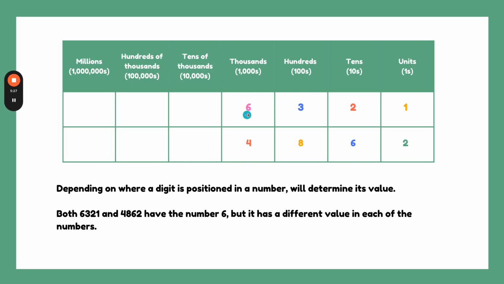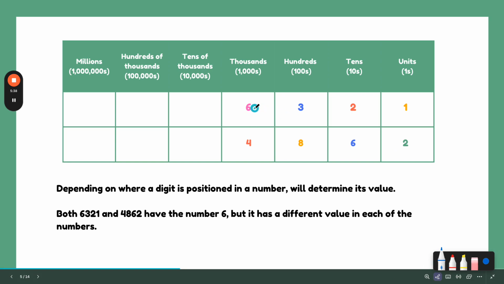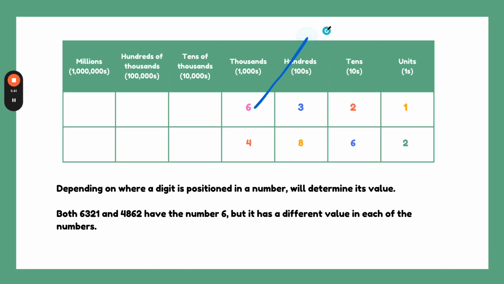For example, in our two 4-digit numbers, they both each have a 6, but the value of the 6 is 6,000 in our first number, and here it will be 60 because there are 6 tens in our second number, and 6 times 10 is 60.